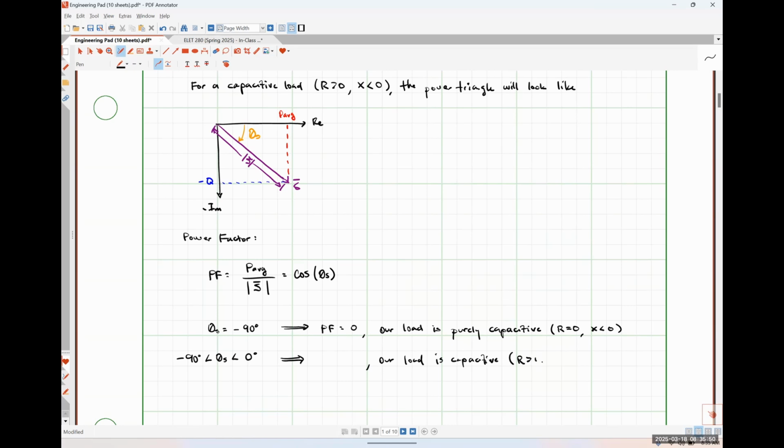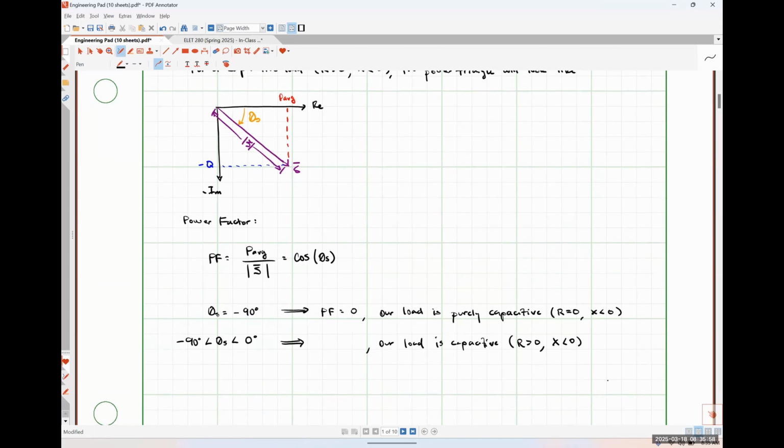Where our resistance is positive and our reactance is negative. And what value do you guys think our power factor will have? Well, we know that at the very extreme of negative 90 degrees, our power factor was 0. So I think we could say that 0 will be less than our power factor.